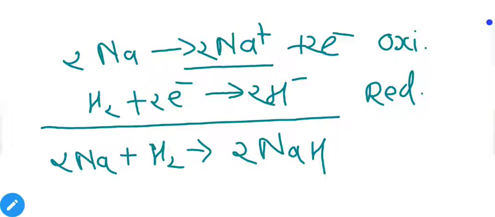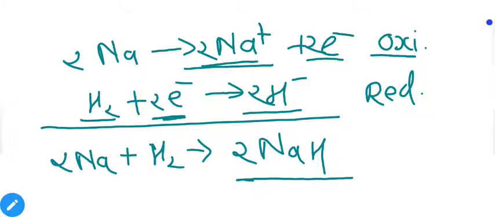That means 2Na plus 2H minus produces 2NaH. In this reaction, sodium loses an electron, so it undergoes oxidation and acts as the reducing agent. Similarly, hydrogen gains an electron, so it is reduced and acts as the oxidizing agent.